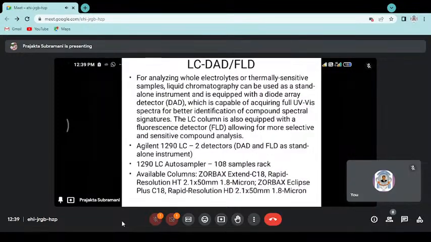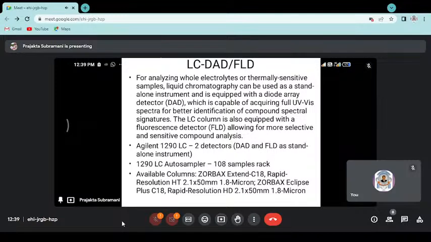Then, like GC-MSMS and LC-MSMS, the other hyphenated techniques are not commonly used, but they have certain applications, so we have to cover them. LC-DAD or FLD is for analyzing electrolyte or thermally sensitive samples.